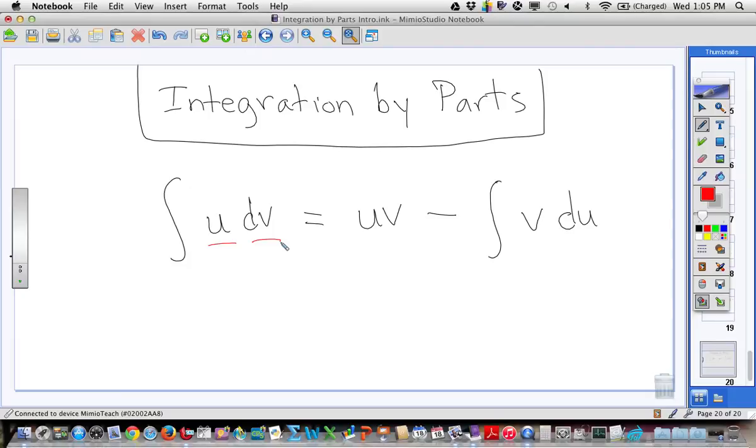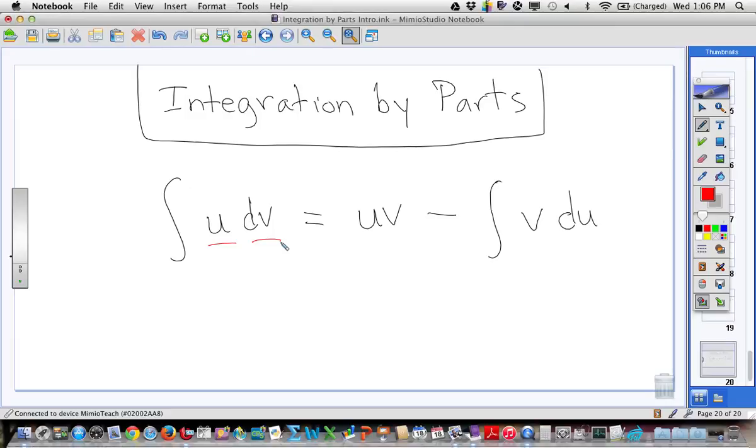Now, our original integral is going to have a u in it. Our new integral has to have a du. How are you going to go from a u to a du? Do the derivative. Our original integral is going to have a dv in it. We want our new integral to have a v. How are you going to do that? That's the antiderivative, right? Going from dv to v would be doing the antiderivative.